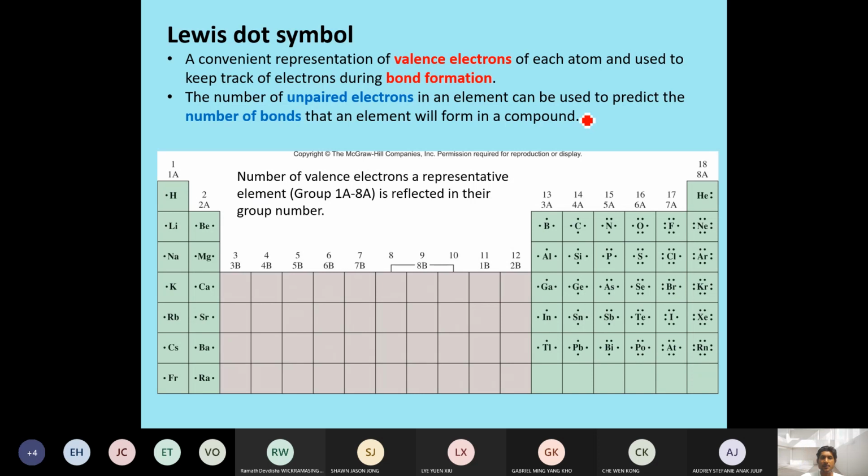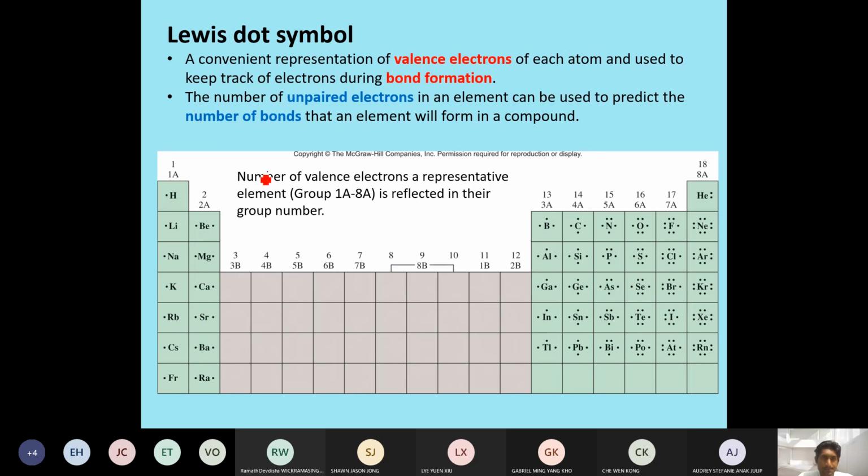It is important for us to understand the Lewis dot symbol, so that we will be able to find out the Lewis dot structure for a molecule, and the formation of the bond.